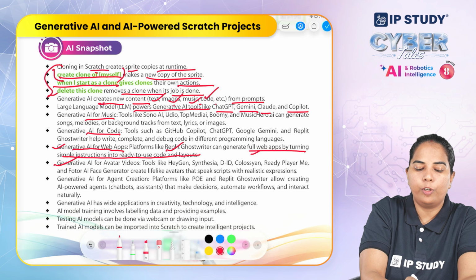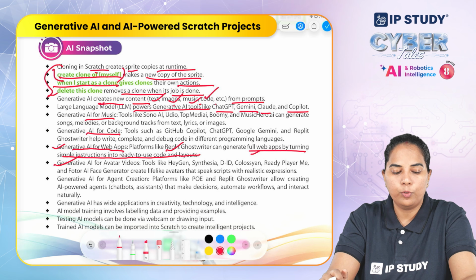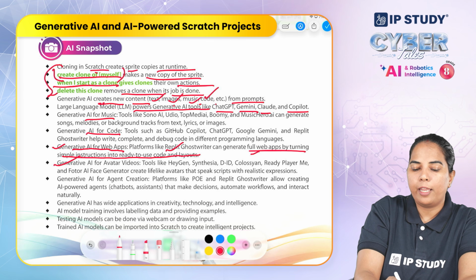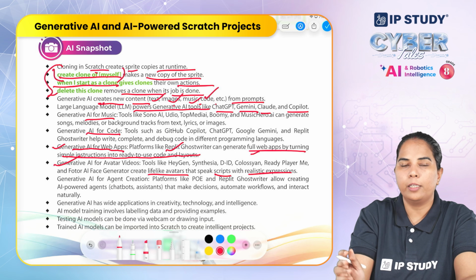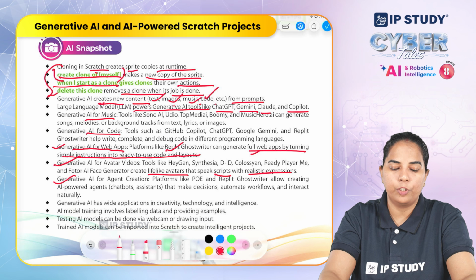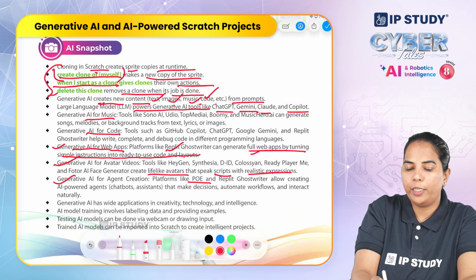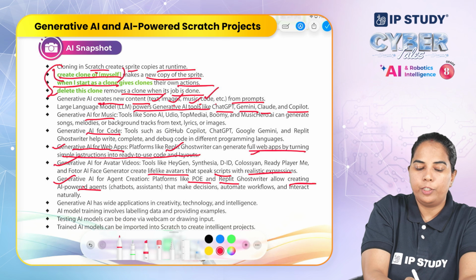Generative AI for avatar videos. Different kinds of tools can be used to generate lifelike avatars that speak scripts with realistic expressions. Generative AI for agent creation. Platforms like POE and Replit allow creating AI-powered agents.